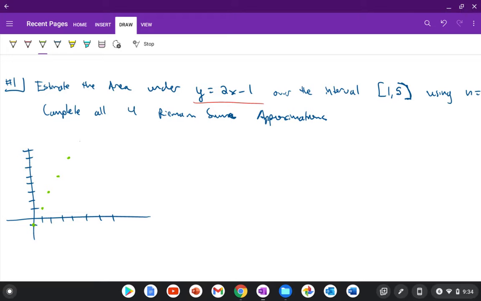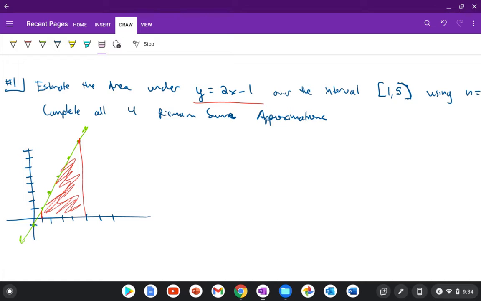And up 2 over 1. Okay, so this is what our graph looks like. It's just a straight line, just a linear equation. And basically what we're trying to do is find the area between 1 here up to 1, 2, 3, 4, 5. So we're trying to estimate this area under the curve.